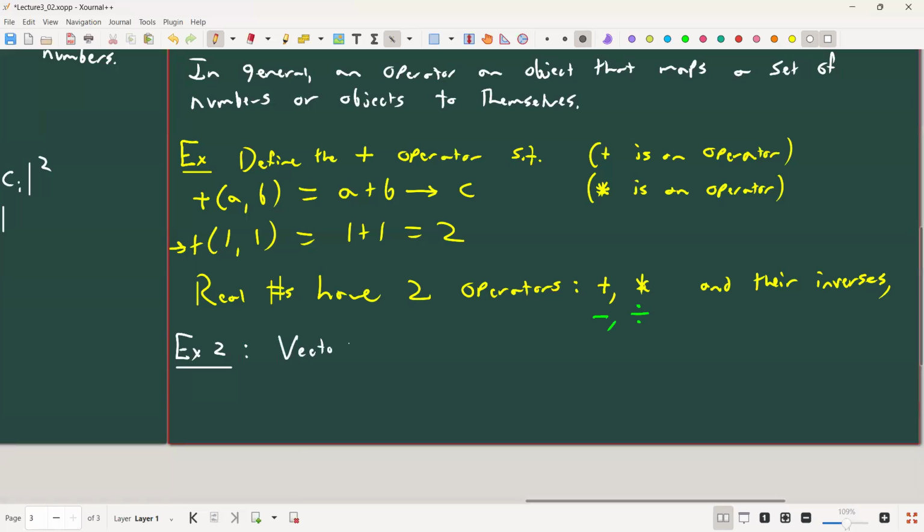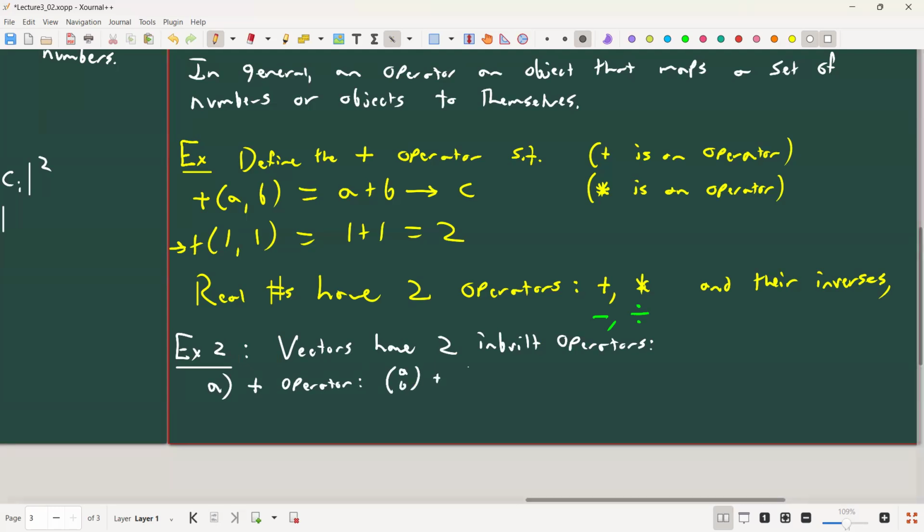Vectors have two inbuilt operators. And we're going to see they're not helpful for us. Right, the first one is the plus operator. That's the idea that you can take two vectors, A, B plus C, D. So you've got vector 1 and vector 2, and you get a new vector 3, which is just the sum of the components, right?